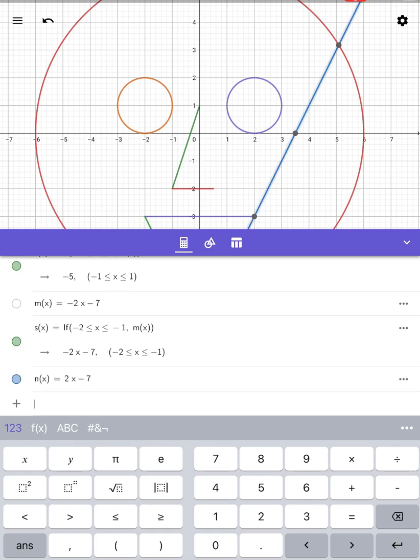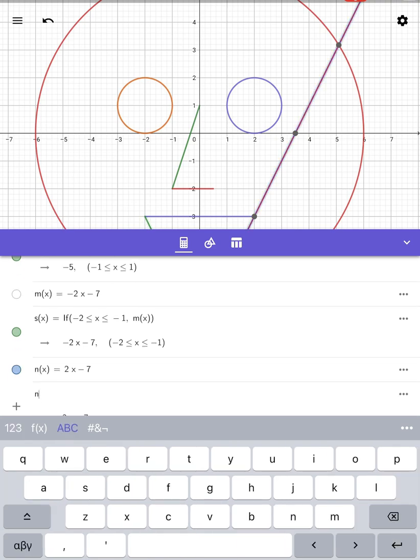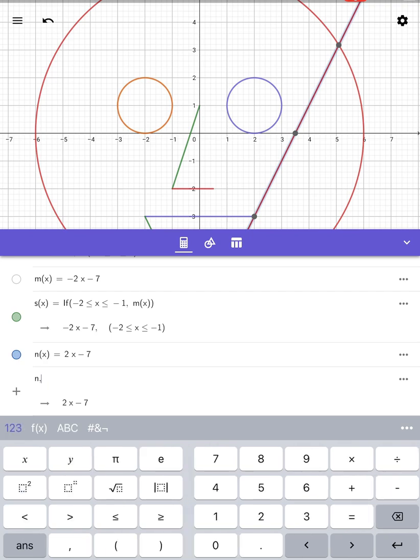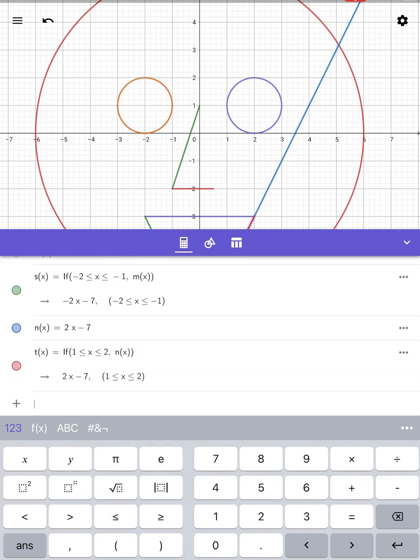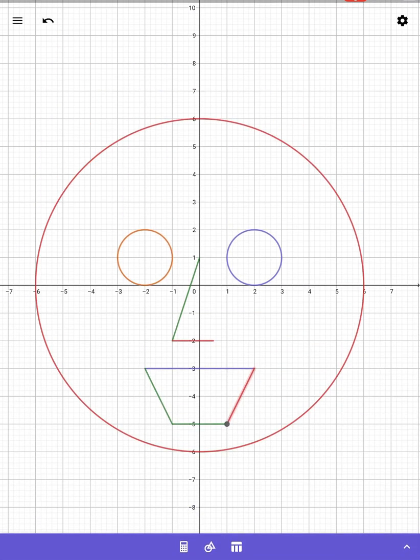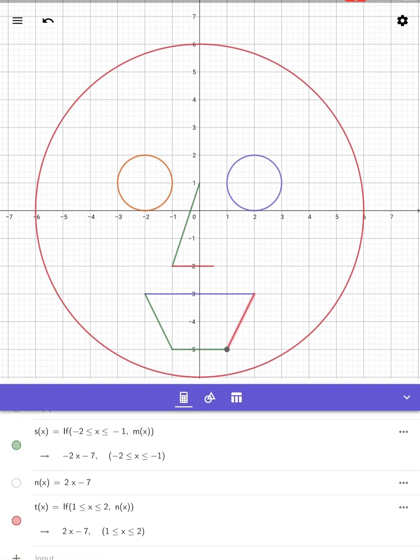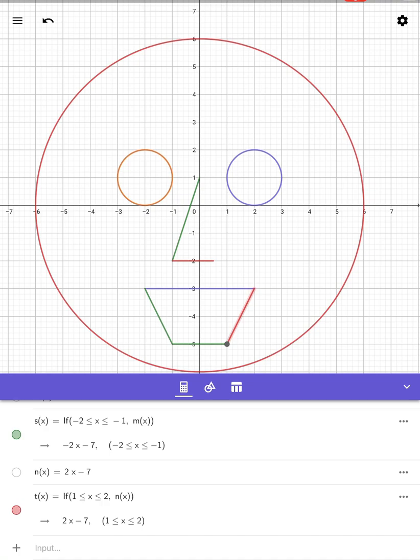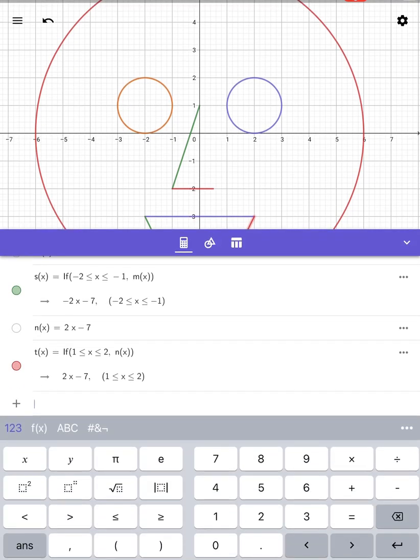So the N is between 1 and 2. Okay, if I unline it, then you can see that I've drawn the mouth, and all I have left now is the eyebrows. So let's quickly do them as well.